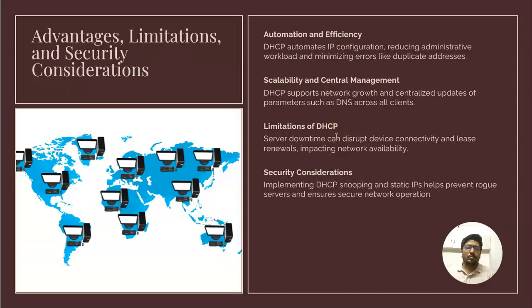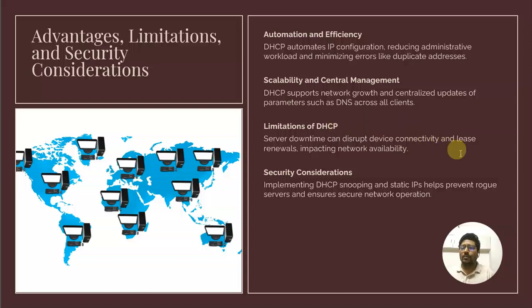I will show you a few advantages and limitations of DHCP as well. The advantage is that it is automated and efficient, reducing manual effort and manual configuration. Scalability and central management are add-ons, as we can manage it centrally.